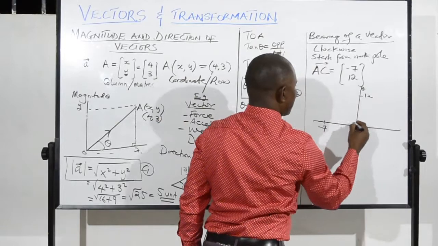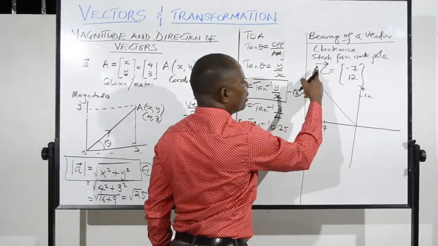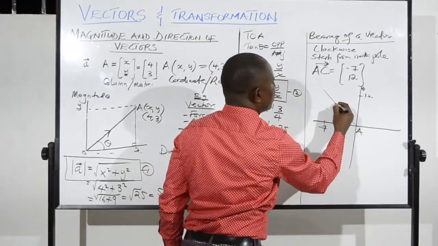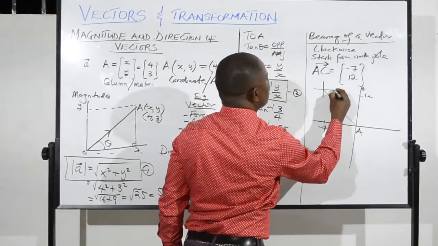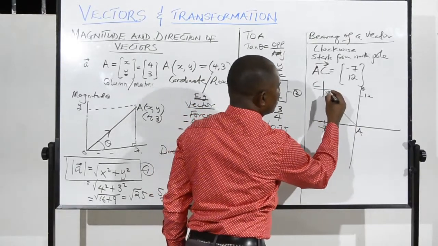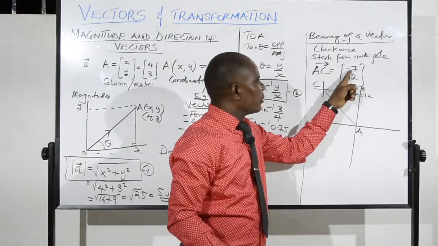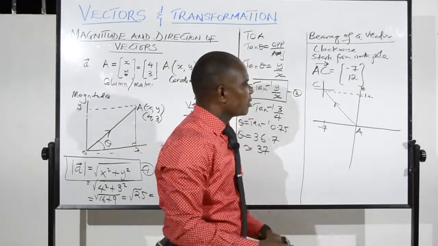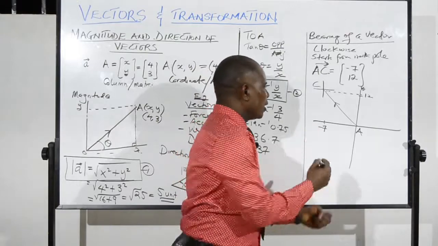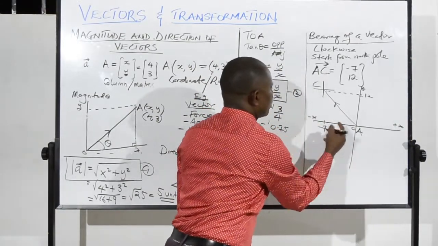This is y. I can represent that vector: it starts from A and goes up to C. So I'm moving from A to C. The component of y is 12, and the component in the x dimension is minus 7. That's why I went this way: this is positive x and this is negative x, so I went the other way there.